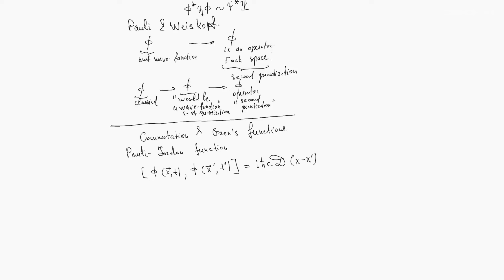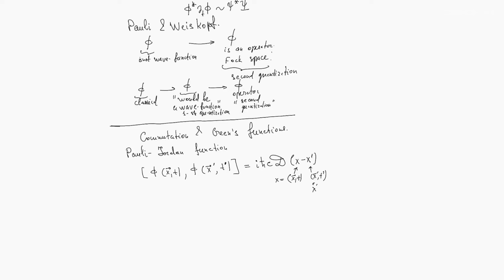So x is (x, t), and x prime is (x prime, t prime). Time and the three spatial components of the vector x are encoded in one notation, x and x prime here. So this is the Pauli-Jordan function.